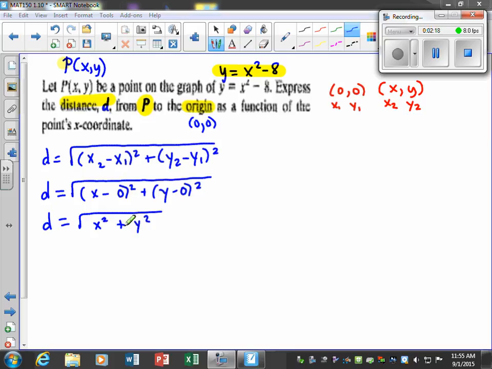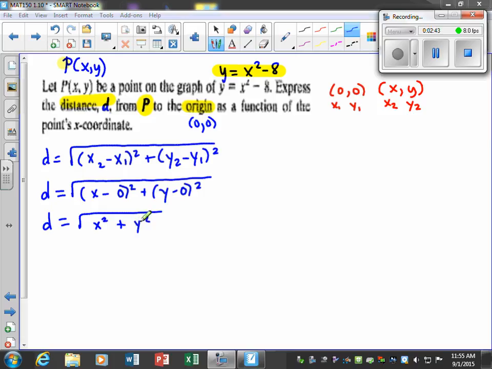We simplify, and we get the square root of x squared plus y squared. That's as far as I can go with the information given. I've used this information, and this information. What's the only piece of information we haven't used yet? This y equals. If I know what y equals, does that help me here?